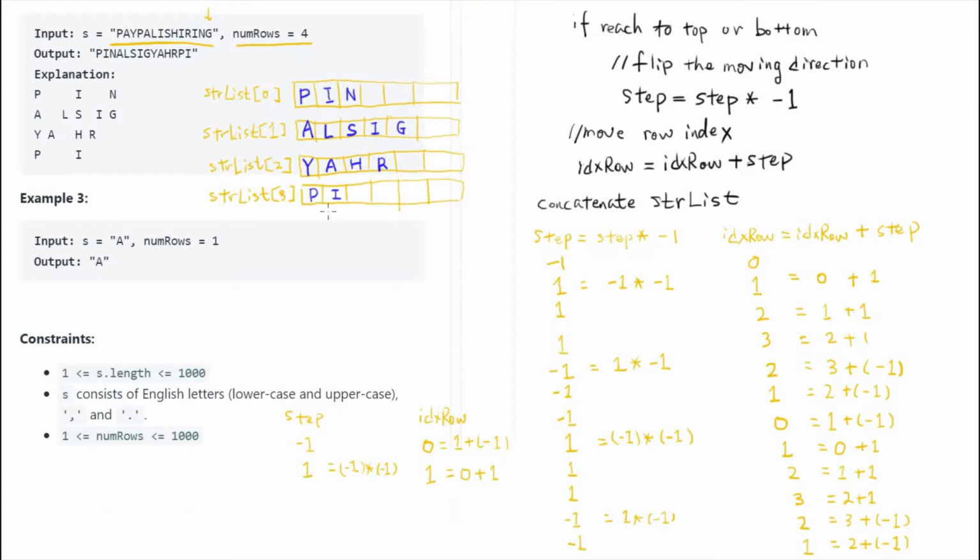Okay, since we reached the last character in the input string, we exit the for loop. The last step is to concatenate these strings in the string list.